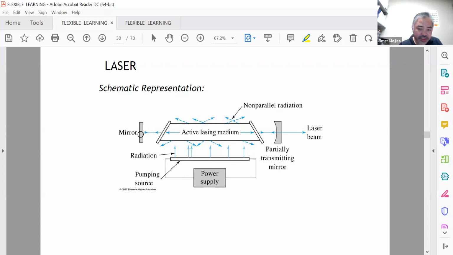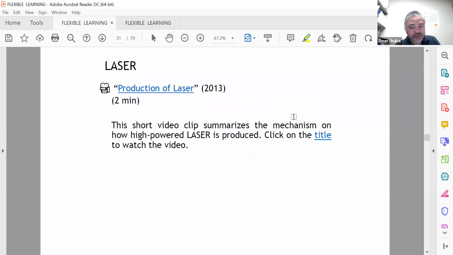You have the mirror that will just reflect back and serve as the source of your laser. There's also a partially transmitting mirror, so everything that is produced there will come out as a laser beam. And I think it's best for you to watch this clip to determine how lasers are produced.